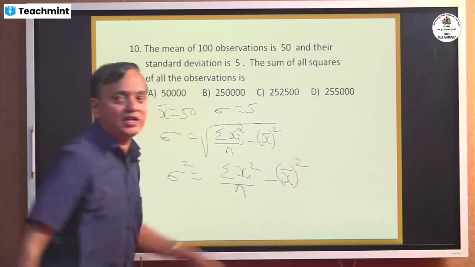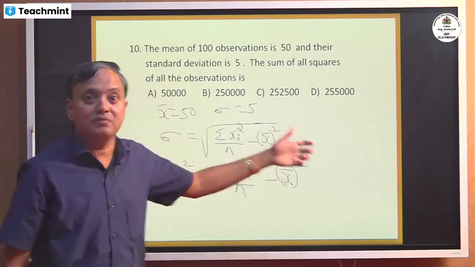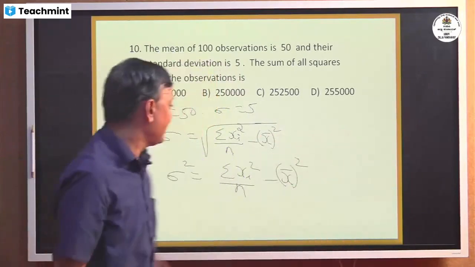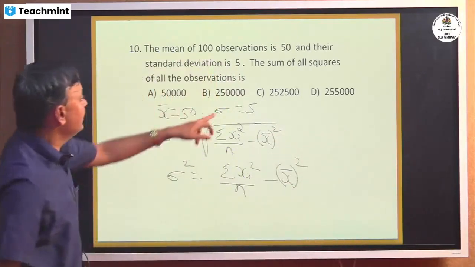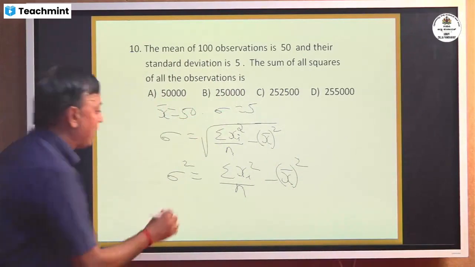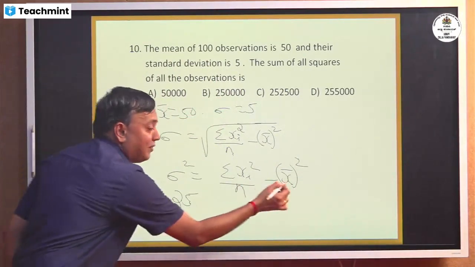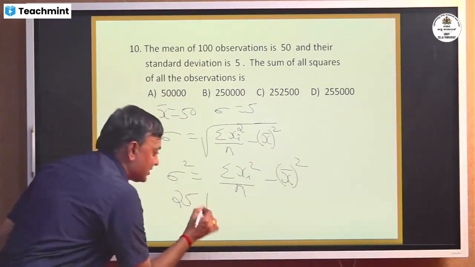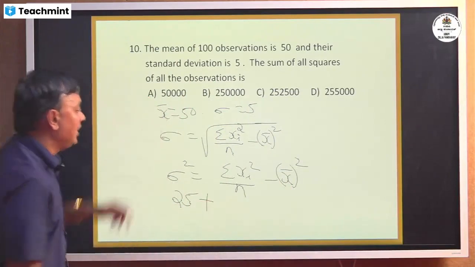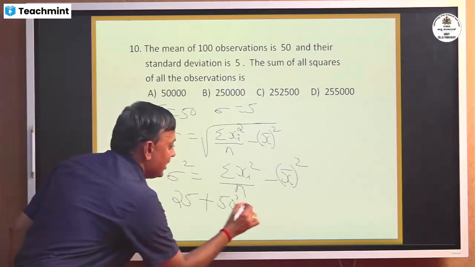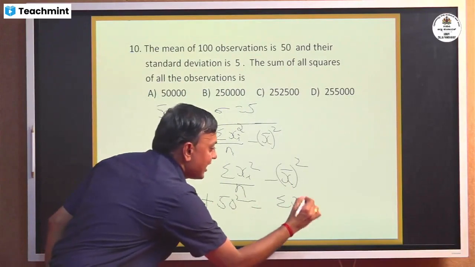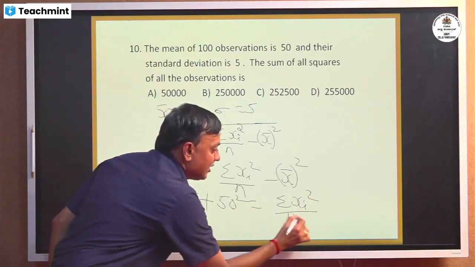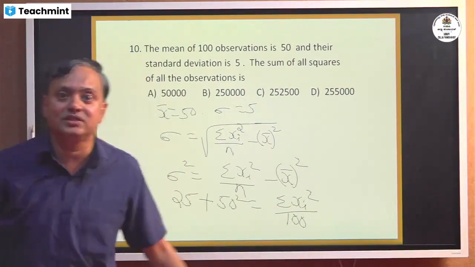This x bar square is nothing but sigma xi by n, correct? So sigma is 5, then sigma square becomes 25, and bringing x bar to the left hand side, we get plus. Here x bar is 50, then 50 square. This is equal to sigma xi square by n, where the number of observations is 100.